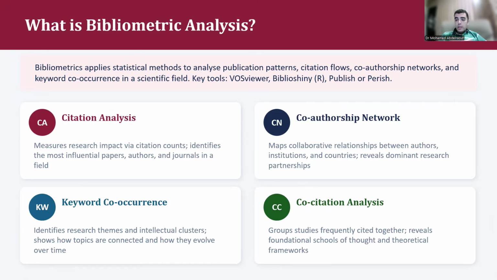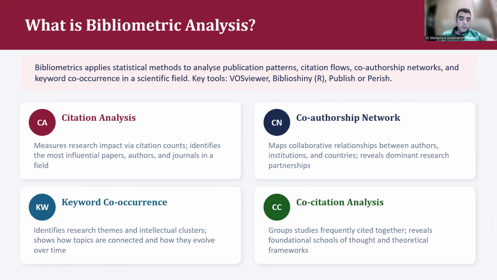Number one, the first analysis that we can use, the citation analysis, measures the research impact via citation counts, showing the most influential papers, authors, and journals in the field. Second, co-authorship network maps collaborative relationships between authors, institutions, and countries, and reveals dominant research partnerships.